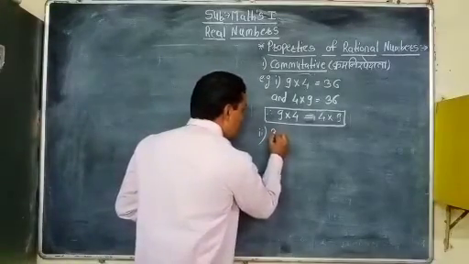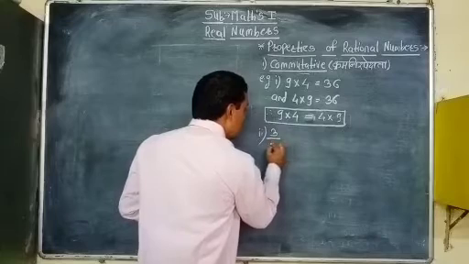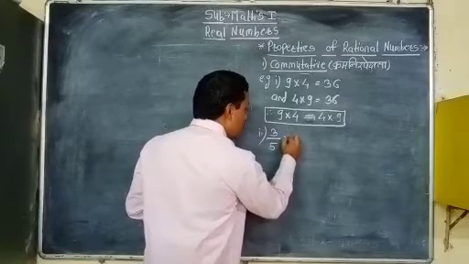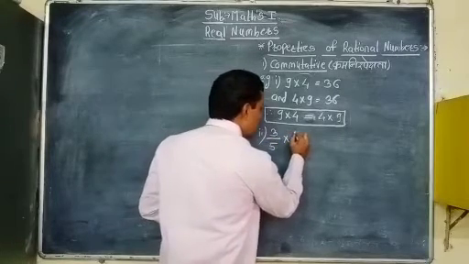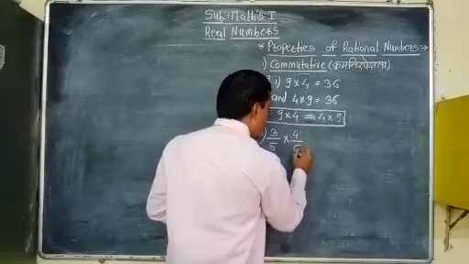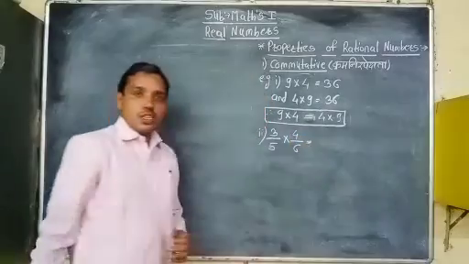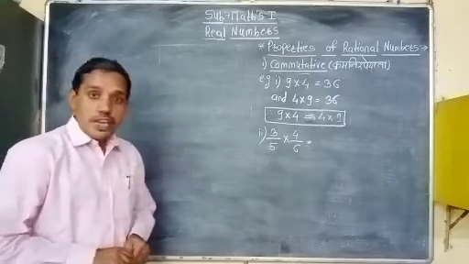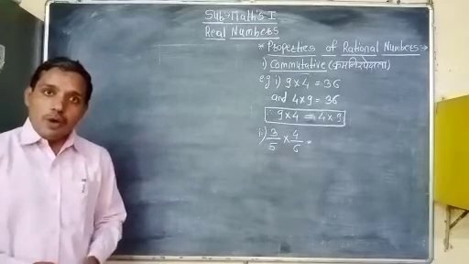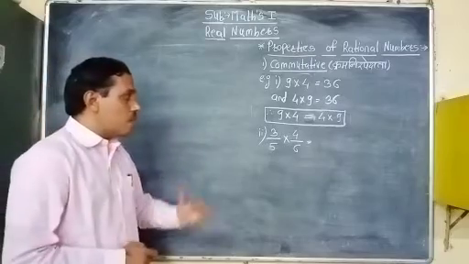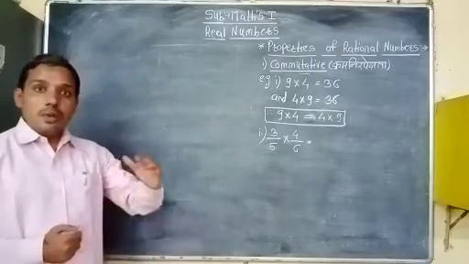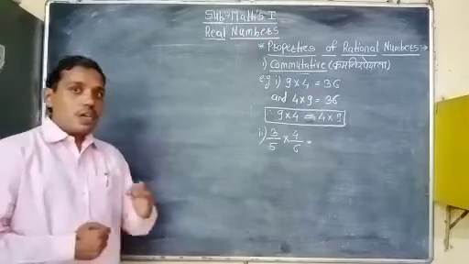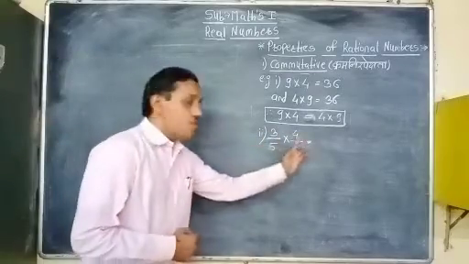So another example is 3/5 into 4/6. In the multiplication process, we will see how we can multiply two rational numbers. The multiplication of two rational numbers is done in a straightforward way.